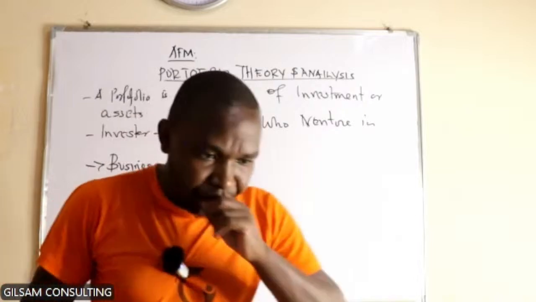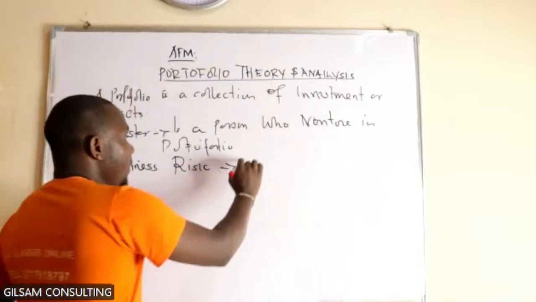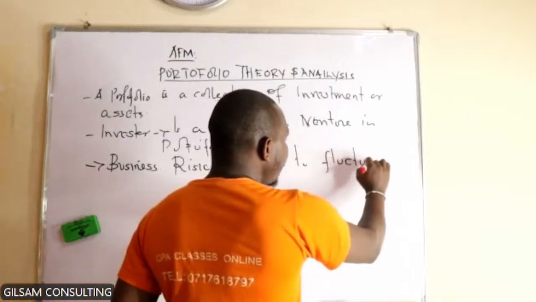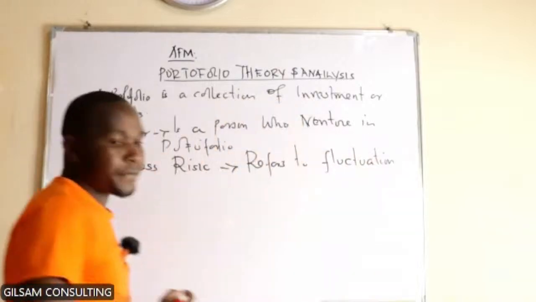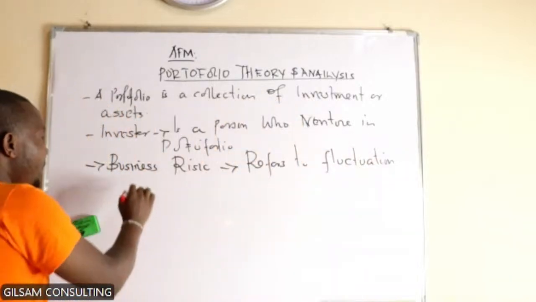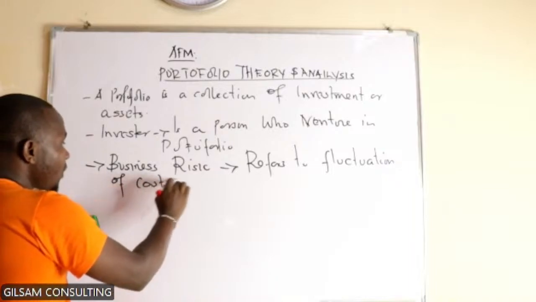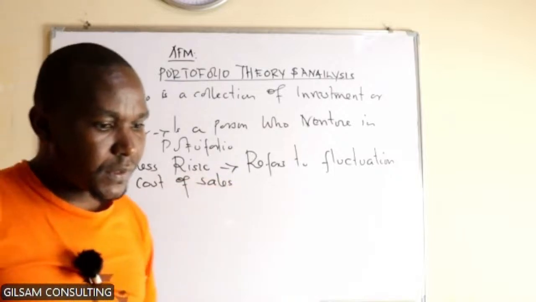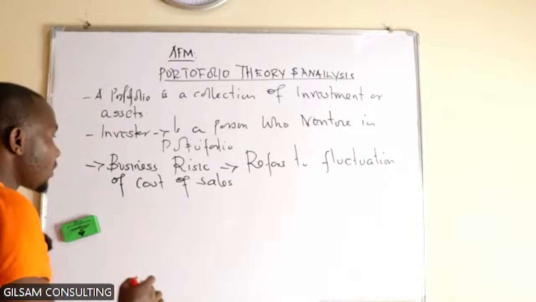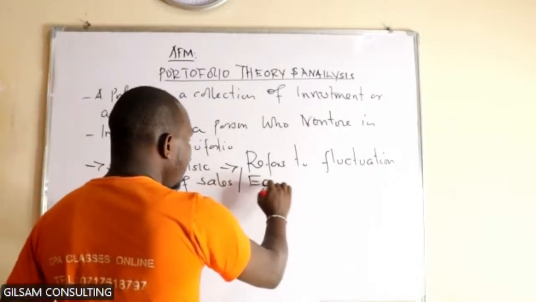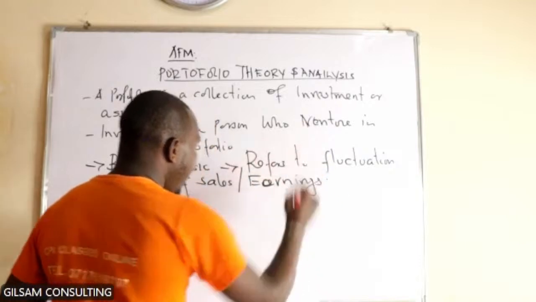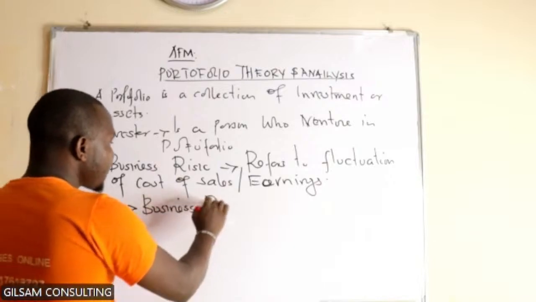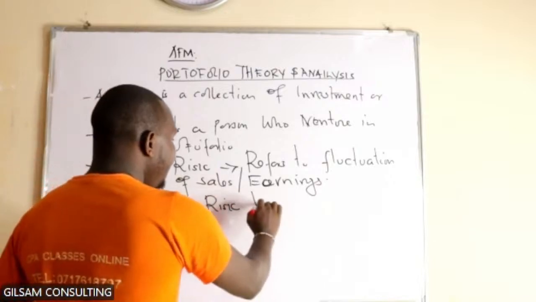Before we look at the fluctuation, refer to the illustration in the last sitting paper on cost of sales and earnings. Then another point: business risk.